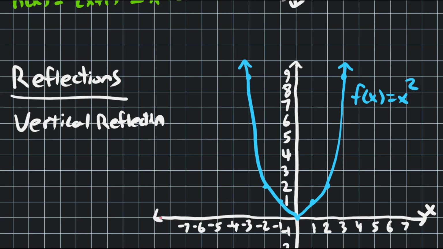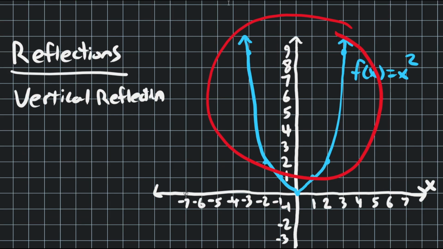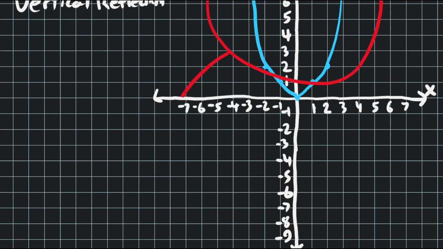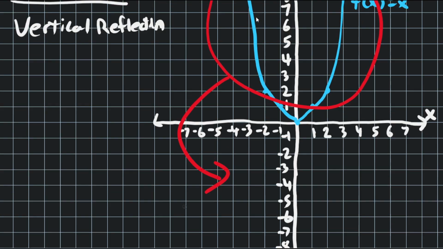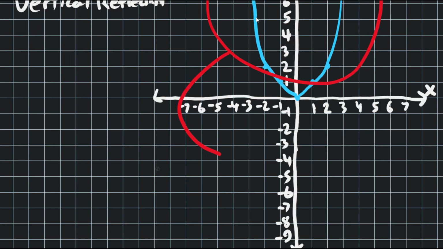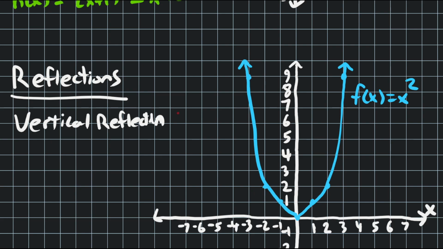So we have our x-axis right here. And what a vertical reflection will do is take the entire parabola and flip it upside down. So it will reflect the entire parabola across the x-axis.